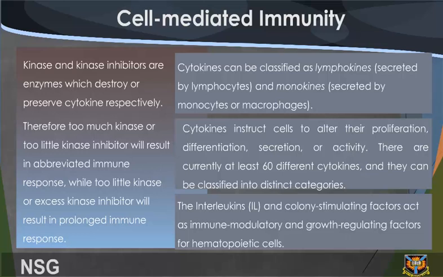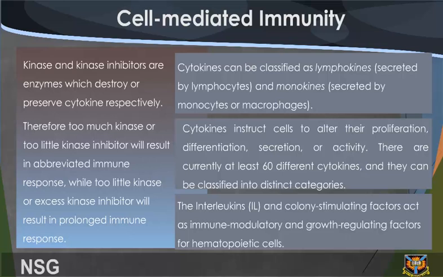Cytokines can be classified as lymphokines, secreted by lymphocytes, and monokines, secreted by monocytes or macrophages. Cytokines instruct cells to alter their proliferation, differentiation, secretion, or activity. There are currently at least 60 different cytokines, and they can be classified into distinct categories.